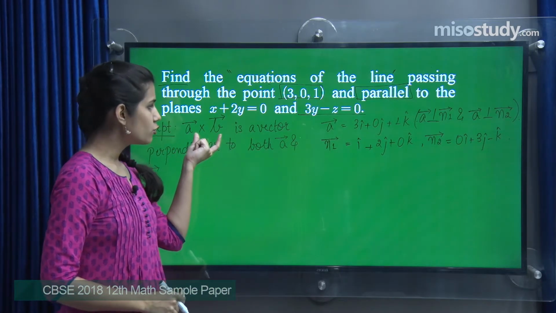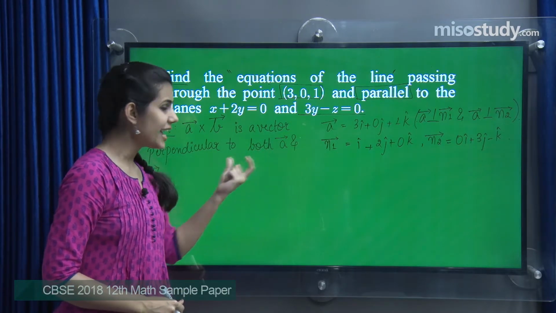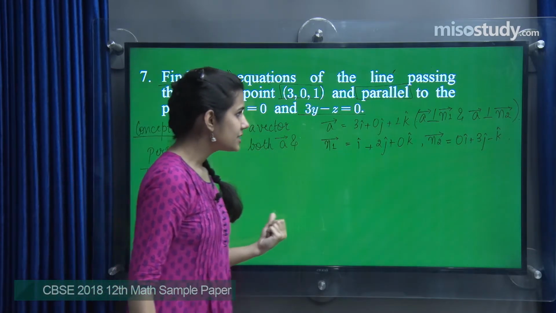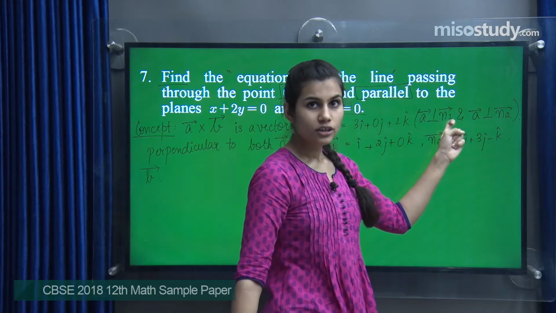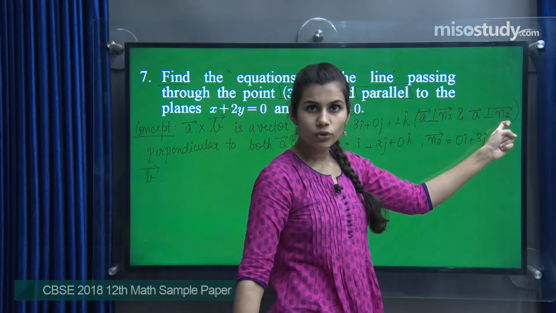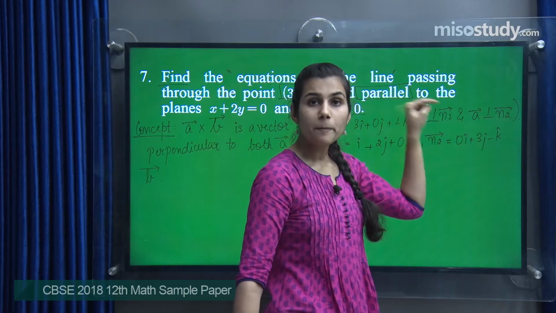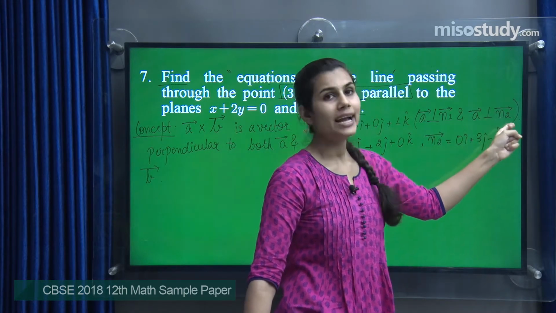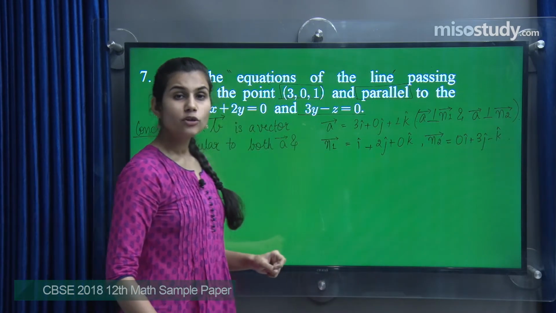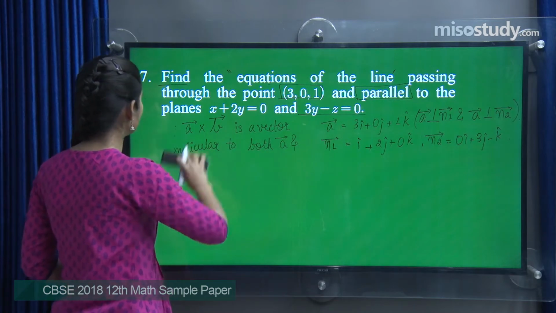The cross product of two vectors is a vector perpendicular to A and B. That means n1 cross n2 is a vector which is perpendicular to n1 also and n2 also. Why am I going to do that? I'll just explain that to you.